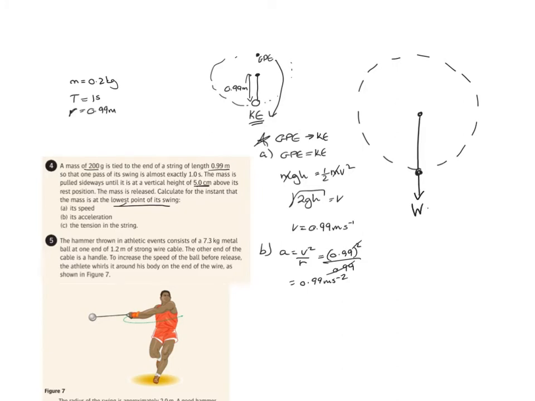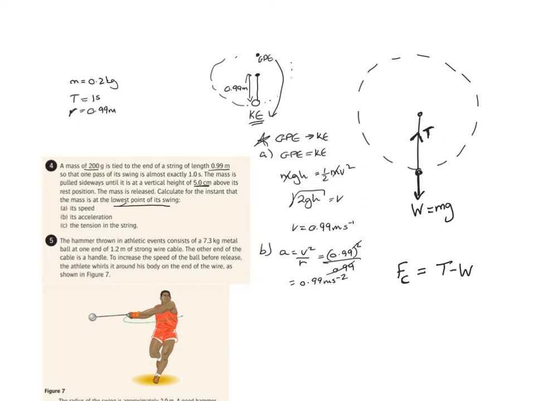One of them is the weight, which is mg, and the second one is the tension of the string. Now remember, if anything is to move in a circular motion, it needs to have a resultant force towards the center. So in other words, tension needs to be bigger than weight for it to be able to continue moving in a circular motion. So the centripetal force should be equal to the tension minus the weight.